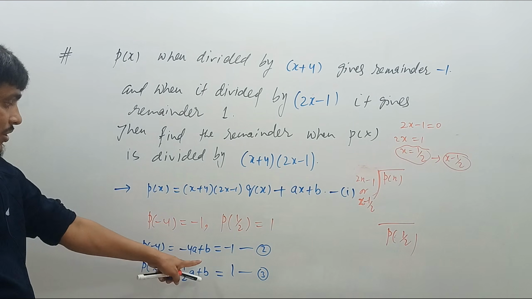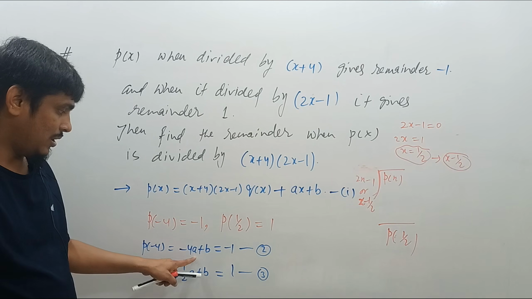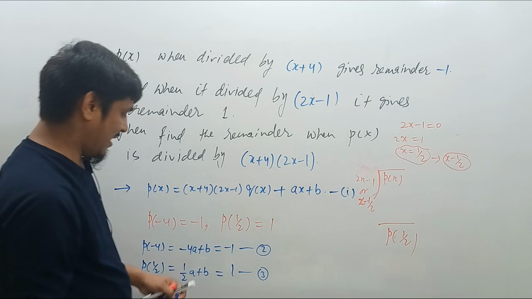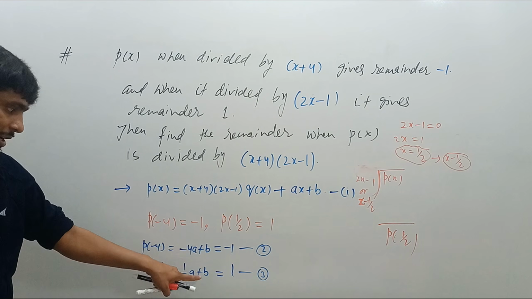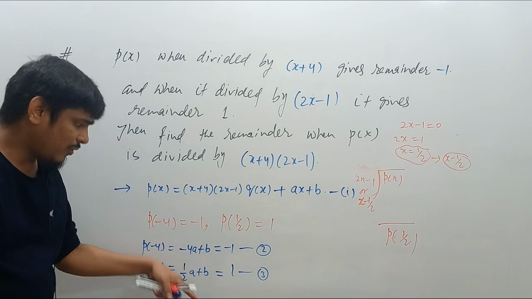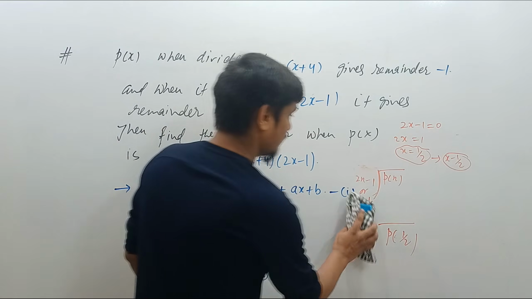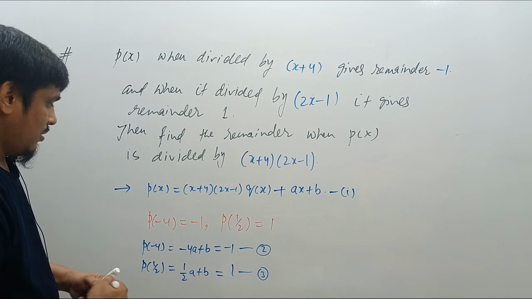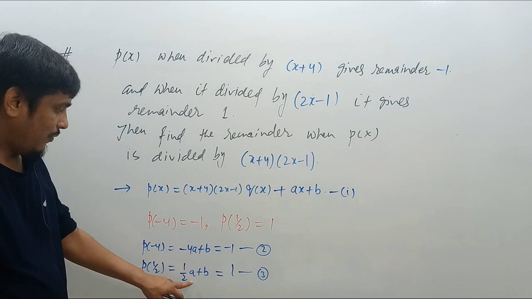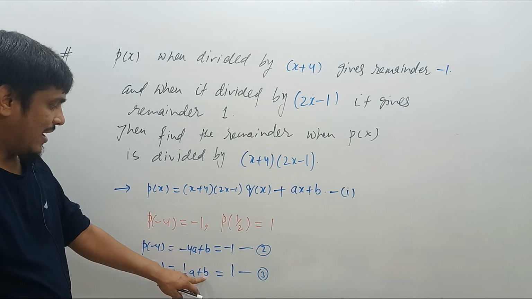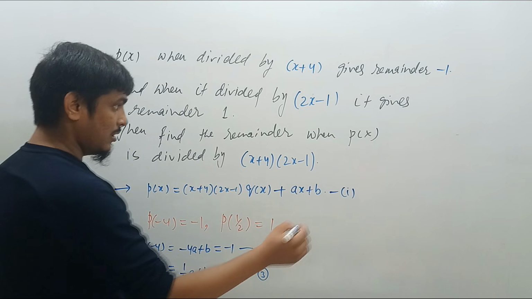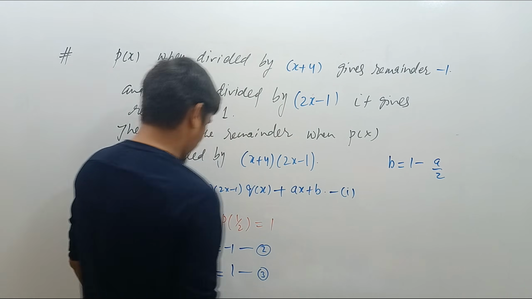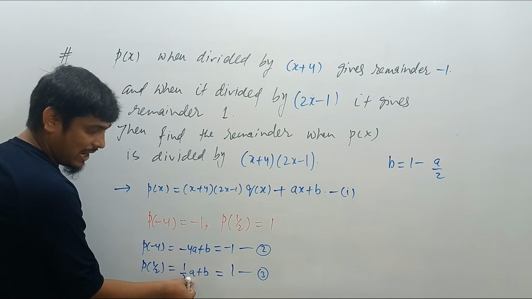Now we got two equations in two variables, so we need to solve them. Using the substitution method, we can find the value of a or b from one equation and substitute in the other. So I'm finding the value of b from the third equation. b is equal to 1 minus a by 2, transposing 1 by 2 a to the right.